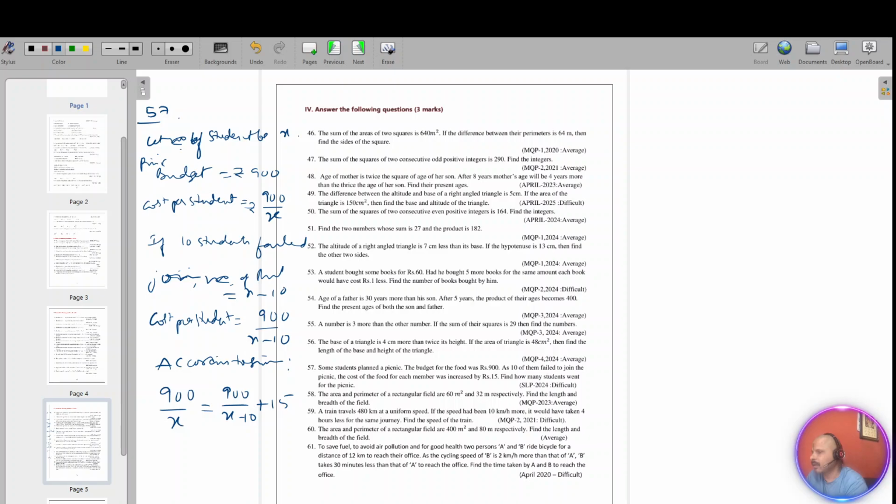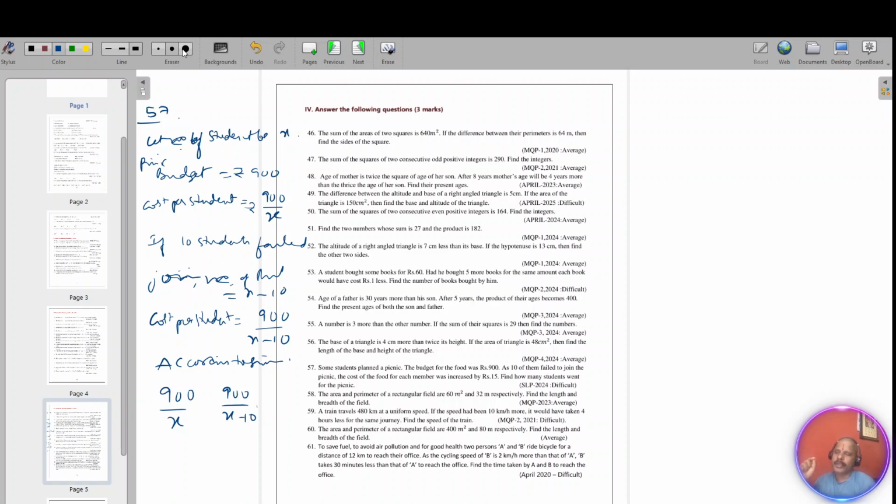Okay. Or you can say, in other words, it is 900 less 15 rupees, right? Sorry. So it becomes like this. 900 by x was the original cost per student.